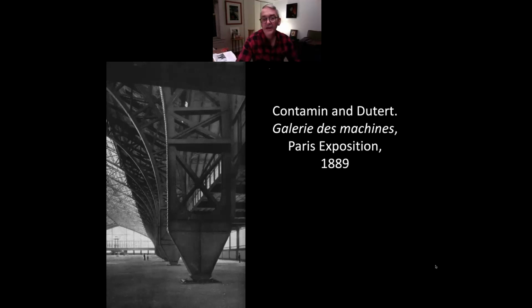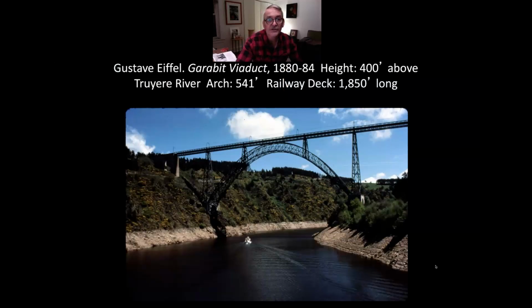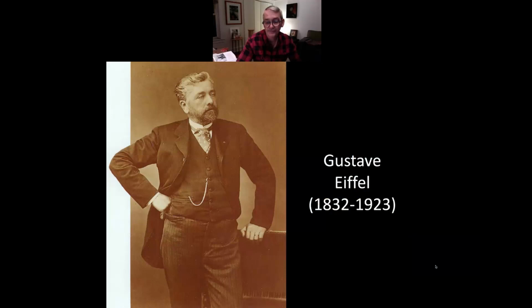And this is for the Paris Exposition in 1889, 4 years before the Columbian Exposition in Chicago. The Paris Exposition is the one that the Columbian Exposition in Chicago was comparing itself to. That's why in Chicago they built the gigantic Ferris wheel, because this guy built the Eiffel Tower.